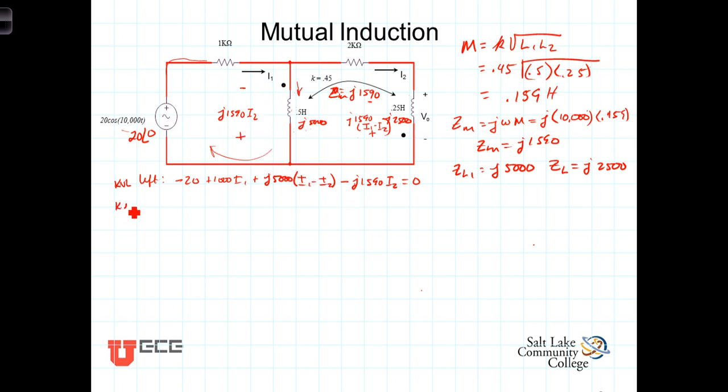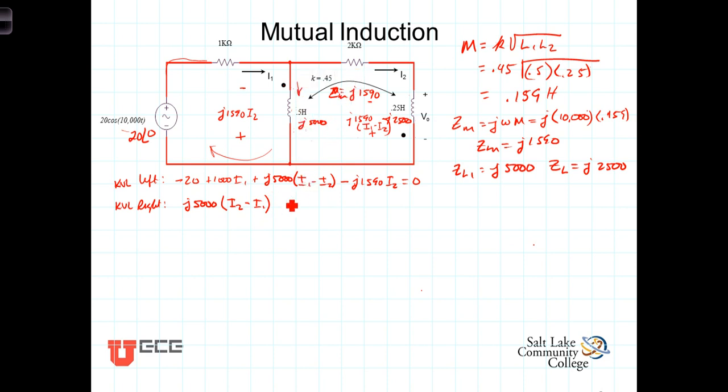Now let's do KVL around the right-hand loop. Let's just start here. We'll have then j5000, and we're going this way, so it'll be j5000 times the current going this way. The current going that way, of course, is I2 minus I1.